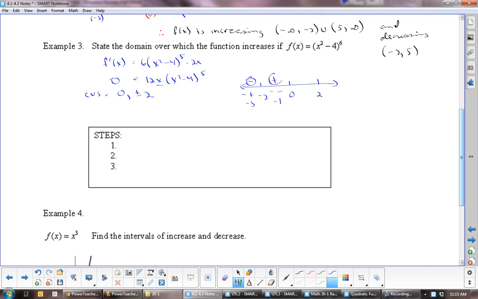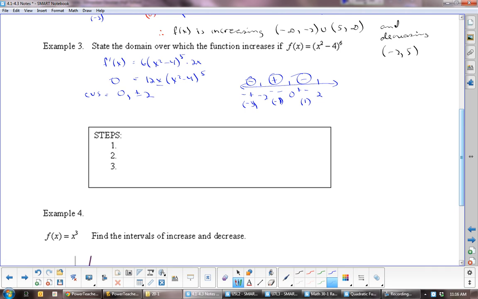Okay. Then let's try 1. So 12 times 1 is positive. 1 squared minus 4 to the 5th is negative. So this will give me a negative here.